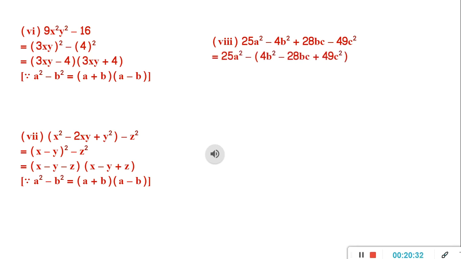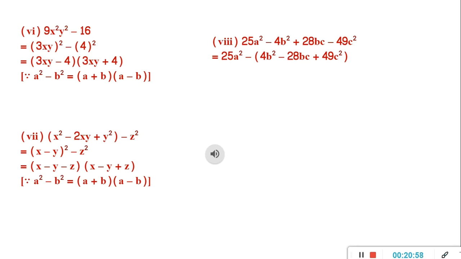Because for these three terms, first and last we have perfect squares and the middle term is like 2ab. So we can write it like this: 4b square is 2b whole square, that is our a. 49c square is 7c whole square, that is our b. In between a minus sign is there, so we can write a minus b whole square.